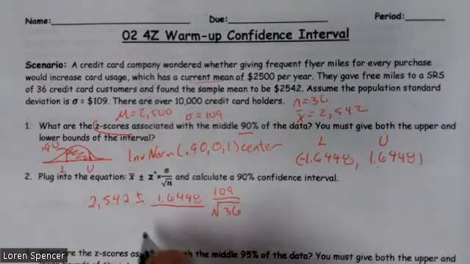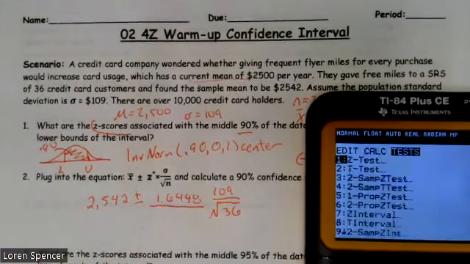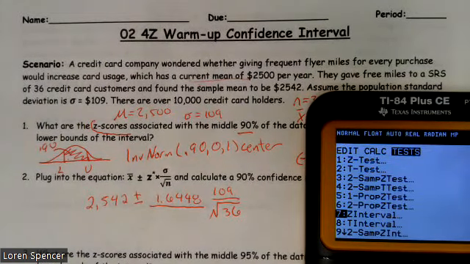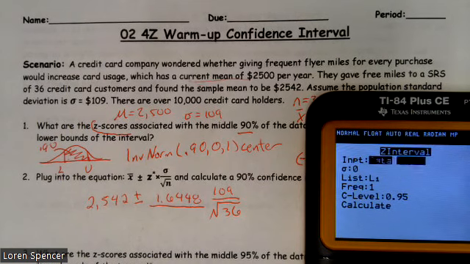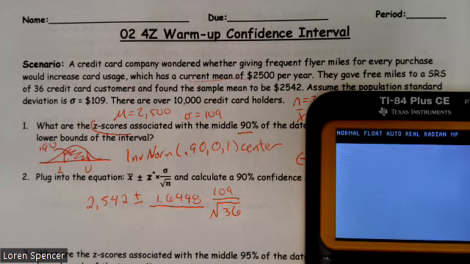So we're going to go to z interval on the calculator. Stat, test, drop down to z interval. We want stats to be highlighted. Our standard deviation is 109, our x bar is 2,542, that's the sample mean, our sample size was 36, and we want a confidence level of 0.90.